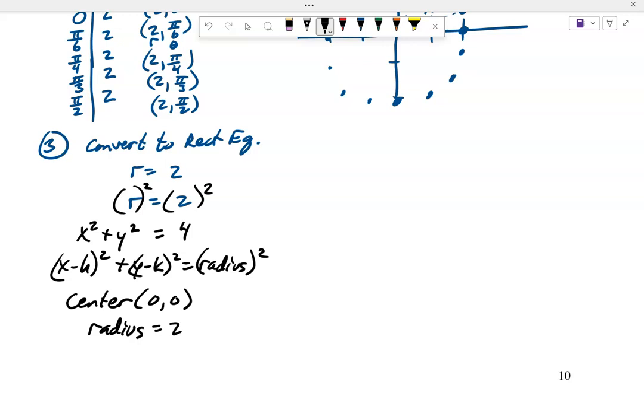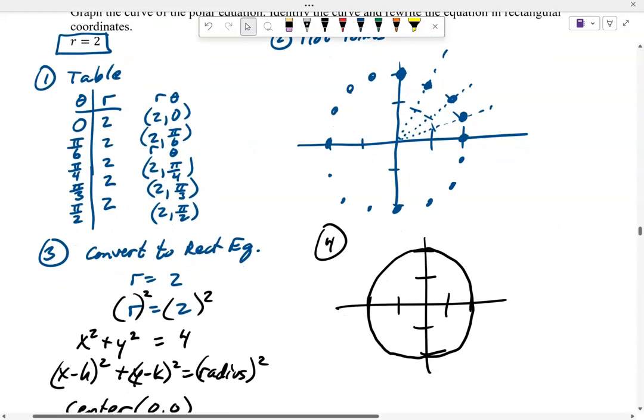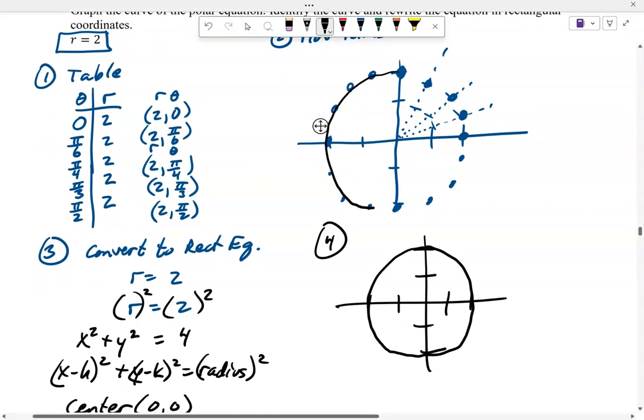Circle centered, you know, I could draw that again, of course. There's our circle, centered at (0, 0), radius 2. And of course, I'd fill this in. We were plotting points to see it with our polar coordinates there.